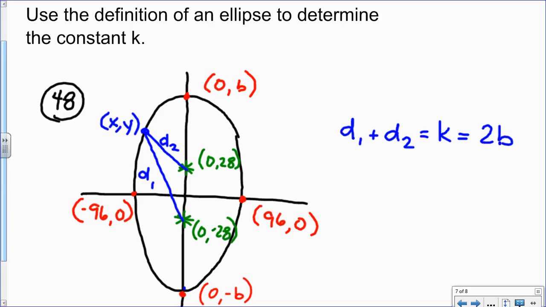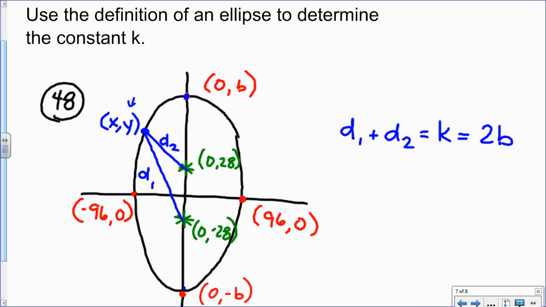I am not given b. I'm given a, so I'm able to find a and I'm able to find c, but I don't know what b is. Remember I said that the distance from any point on the ellipse to each of the foci, that sum is equal to k. So I can have my (x, y) here, but let's say I put it right here.